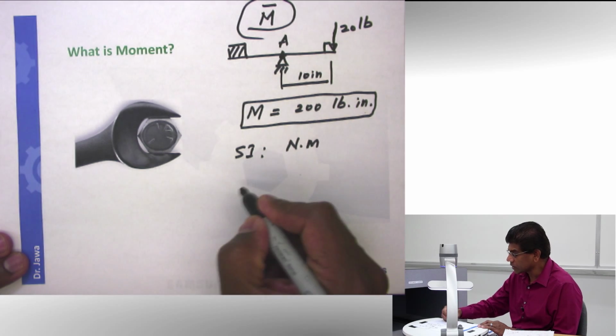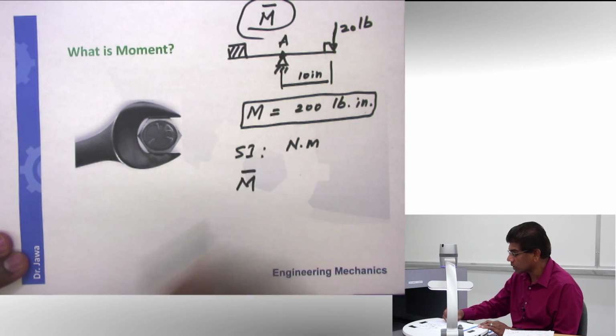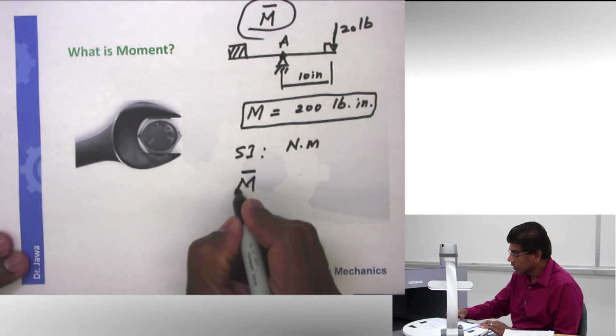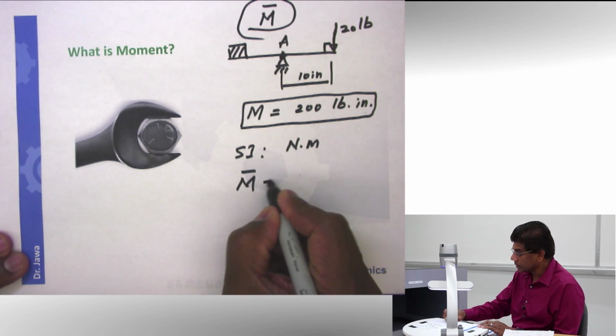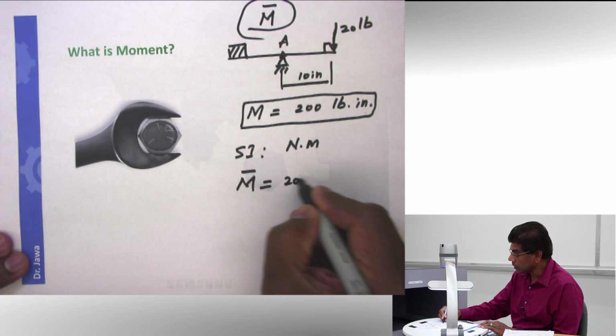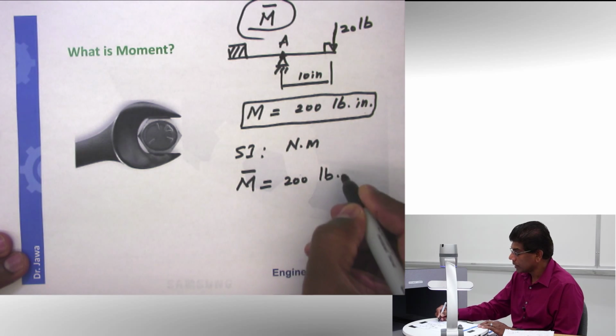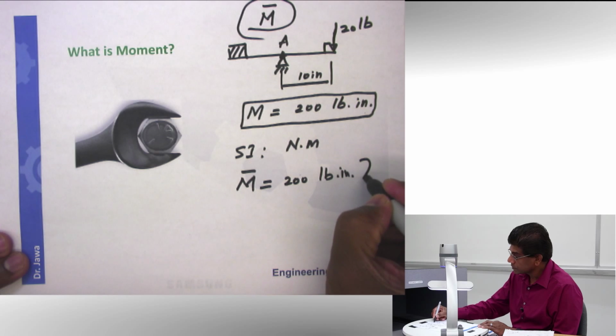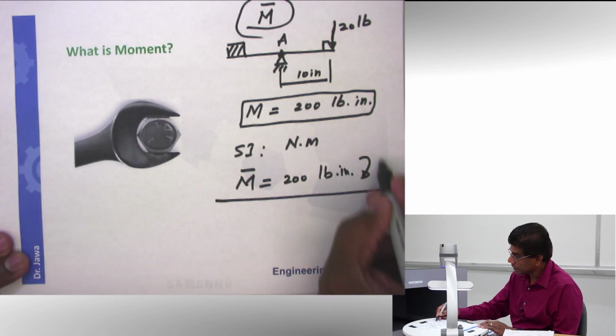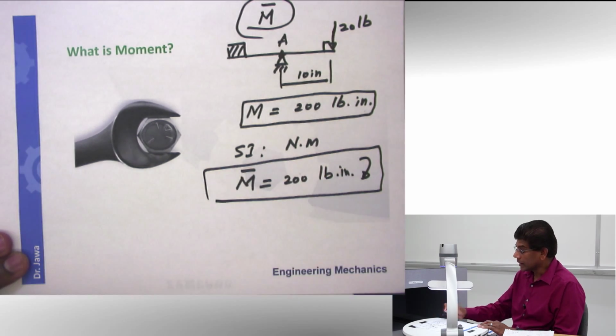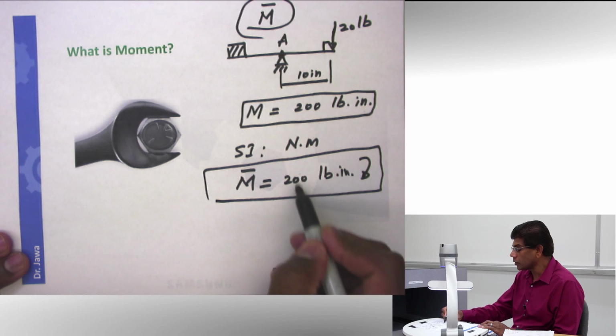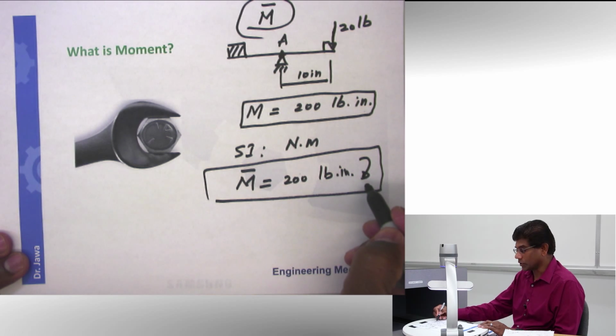So the correct answer, if I want to answer this question properly, mathematically correct, would be moment vector equal to 200 pound-inches clockwise. All right? That's the correct answer. So I'm specifying the magnitude of the moment as well as the direction.